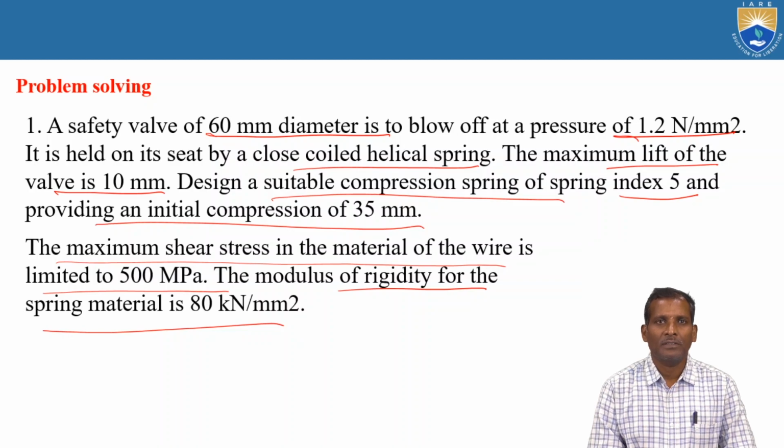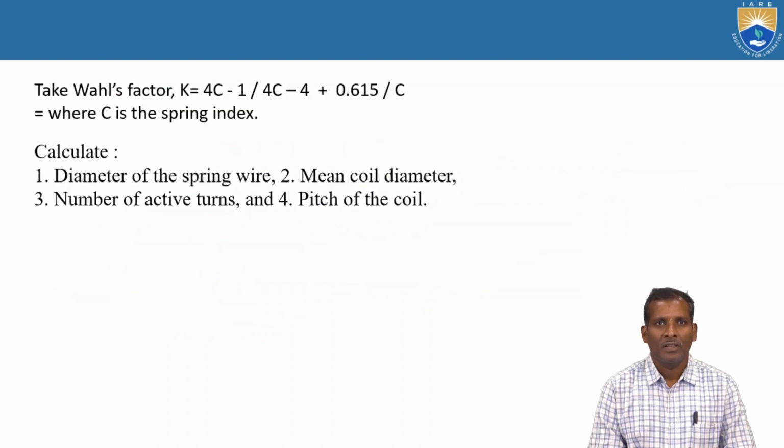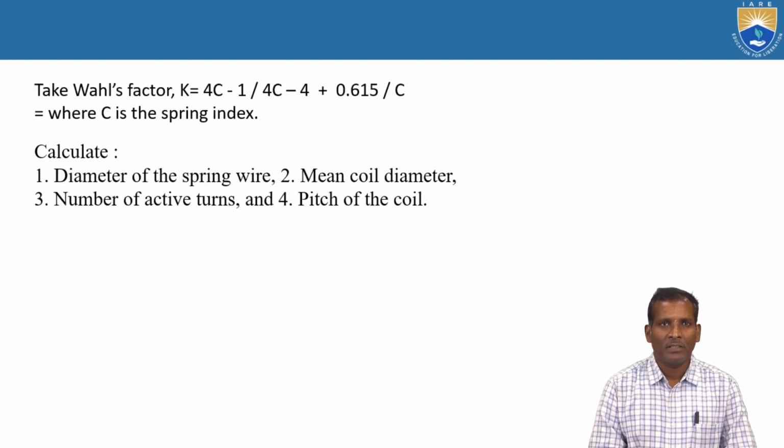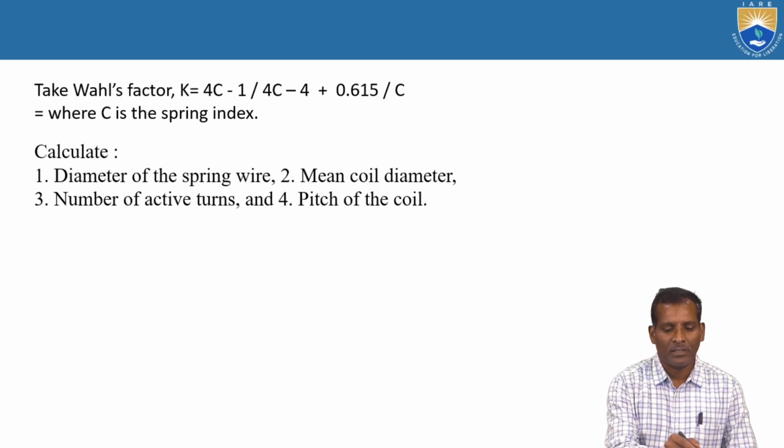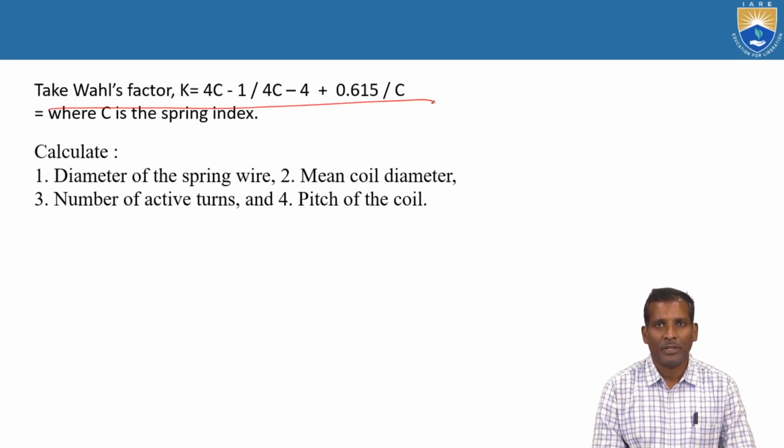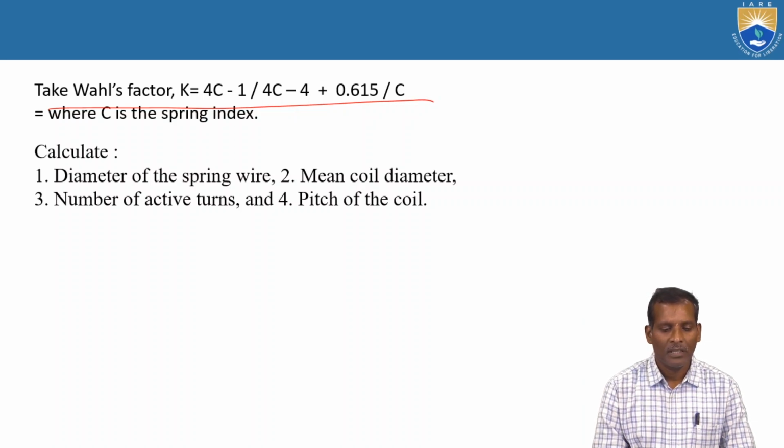The first step for any problem is to write the given data. Here the Wahl's factor is given as (4C minus 1) by (4C minus 4) plus 0.615 divided by C. If it is not given, we have to calculate it.